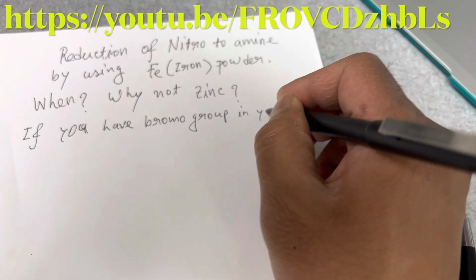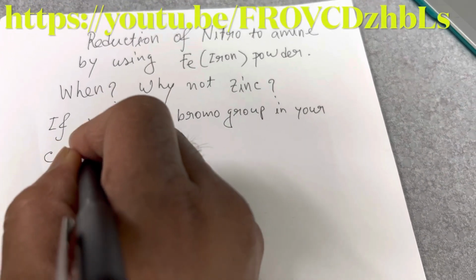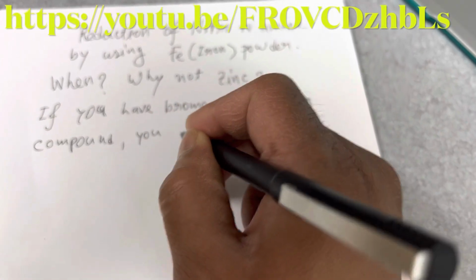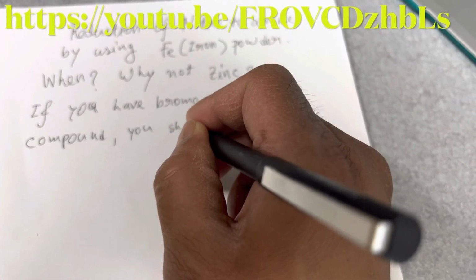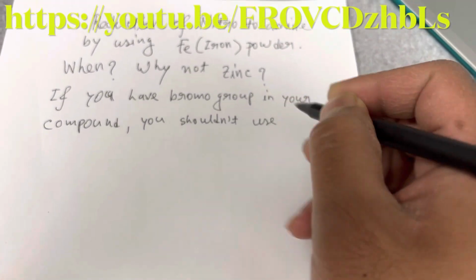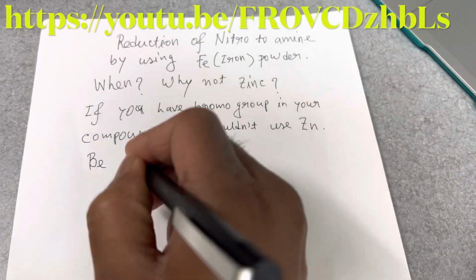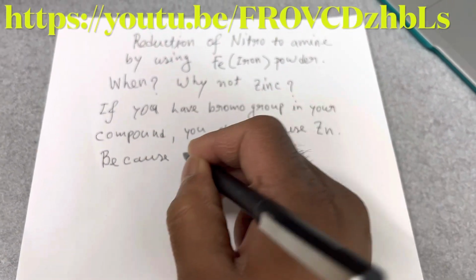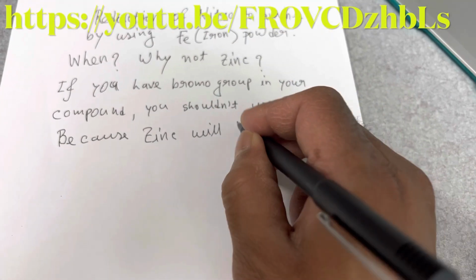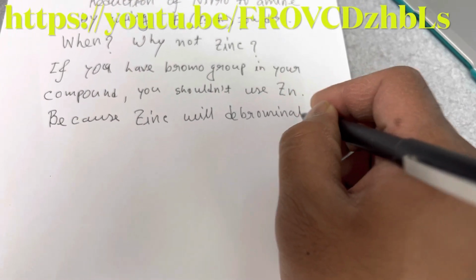As I was saying, if you have the bromo group in your compound, in presence of zinc, the bromine can be kicked out, or it can give you the debrominated product. Nitro group may be converted to NH2, but your required bromo will be removed from the compound, which is not good.